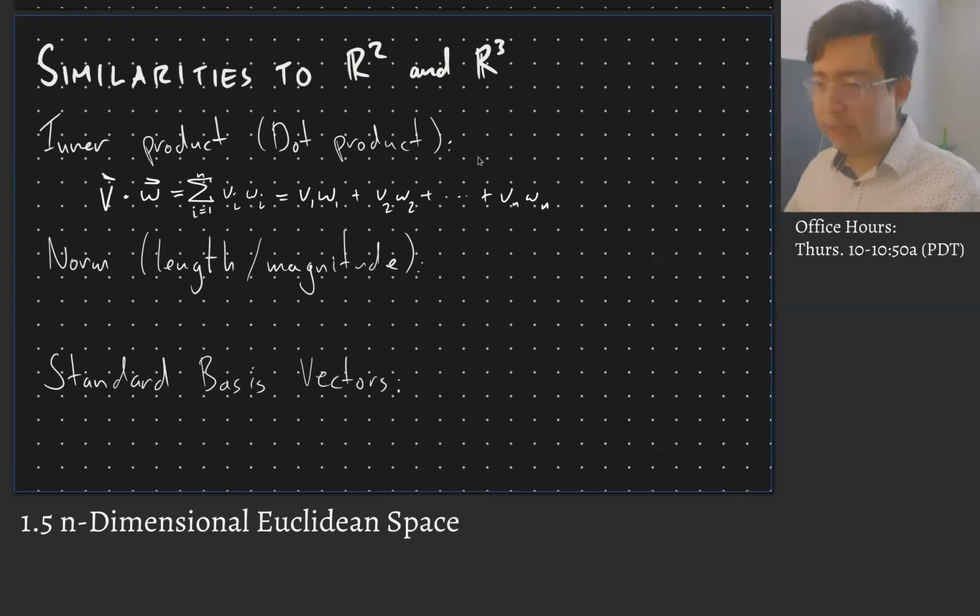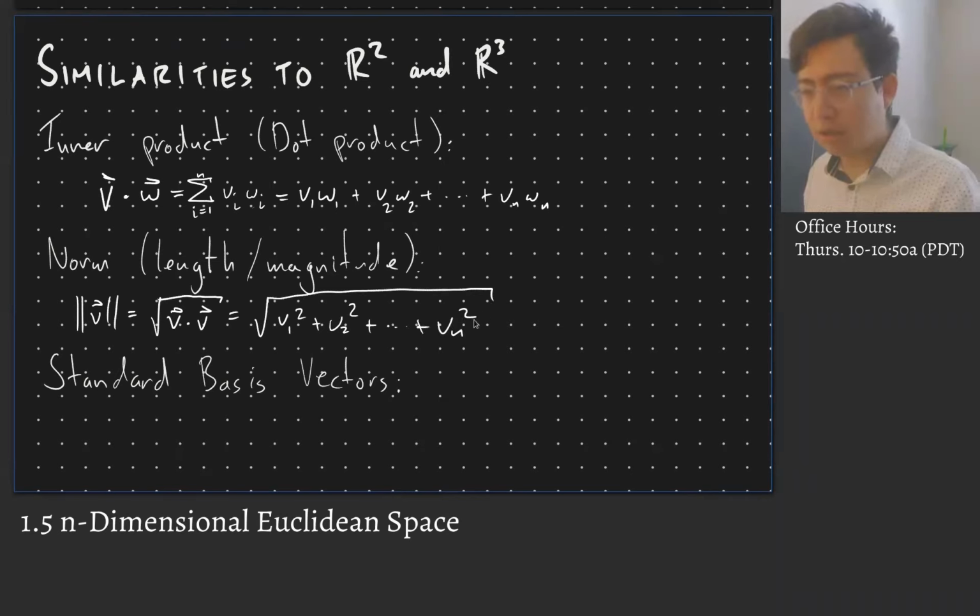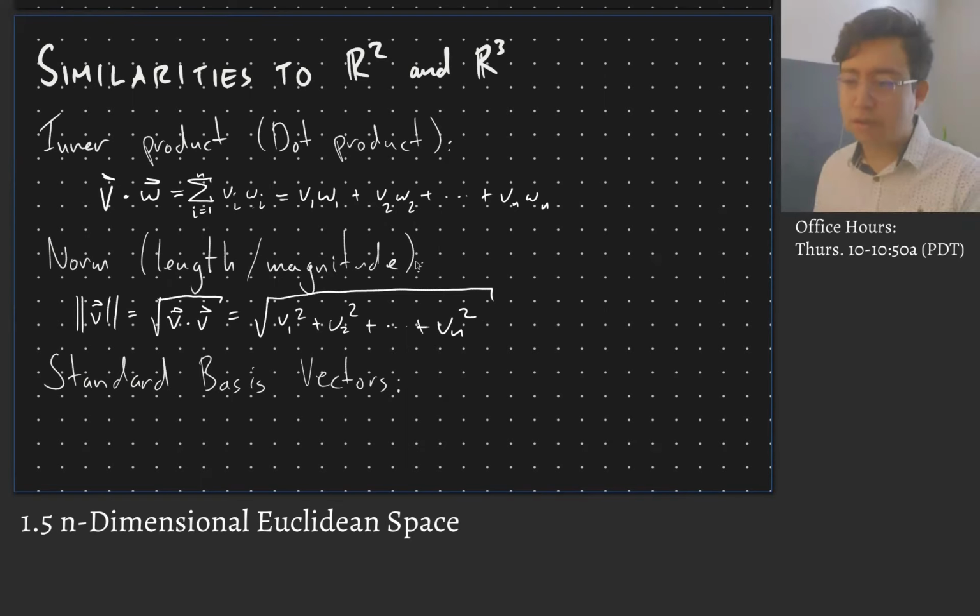And naturally, the length of a vector is also going to work. Remember, it's the square root of the dot product of the vector with itself, which is just to say that it's the square root of v1 squared plus v2 squared, etc. So this is the square root here.